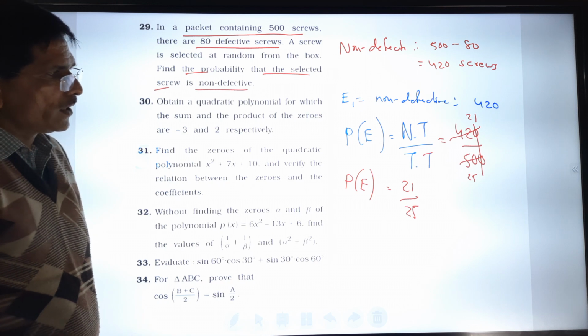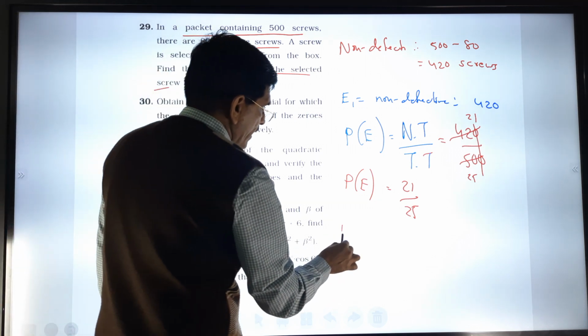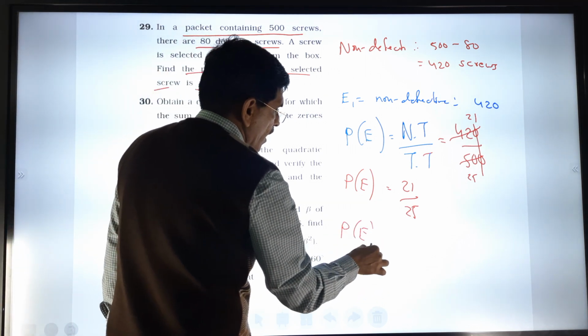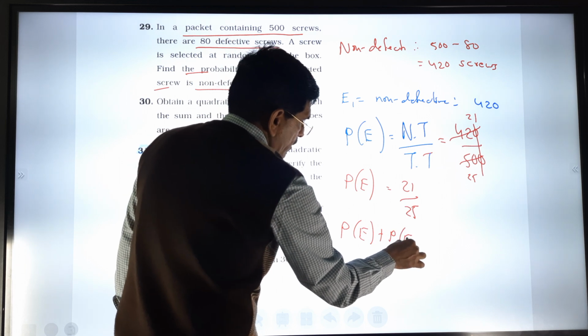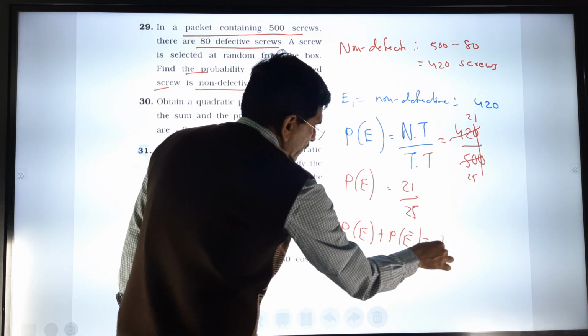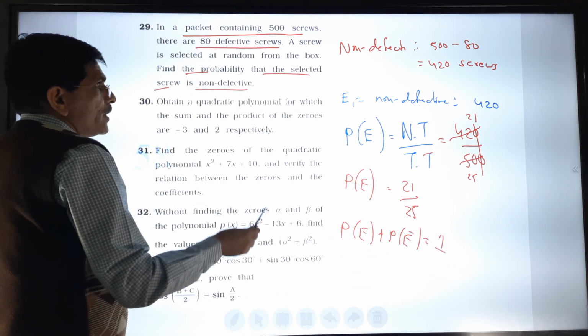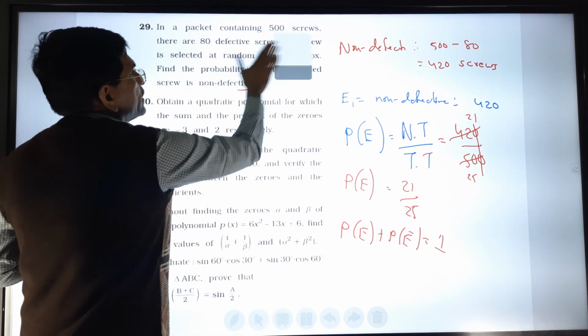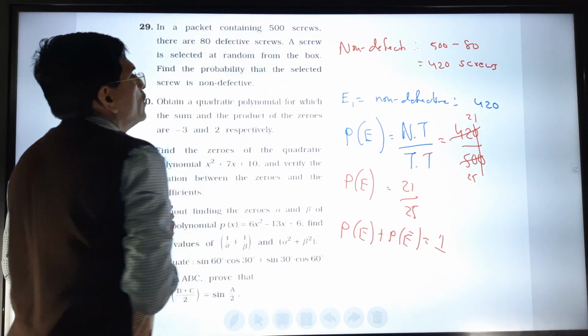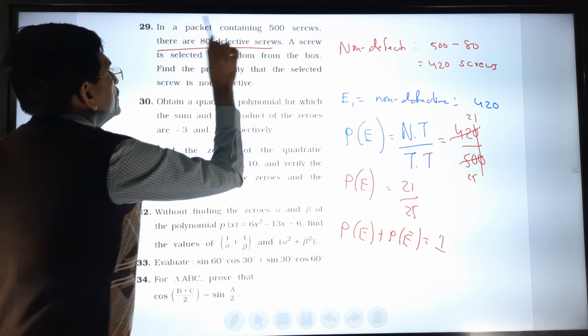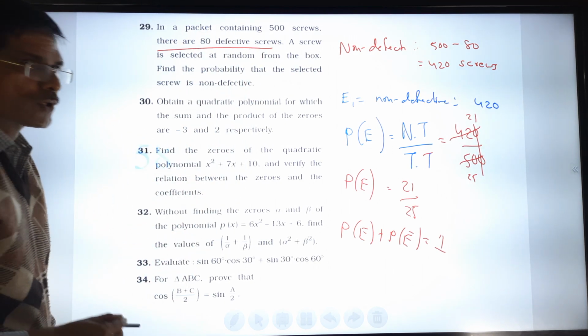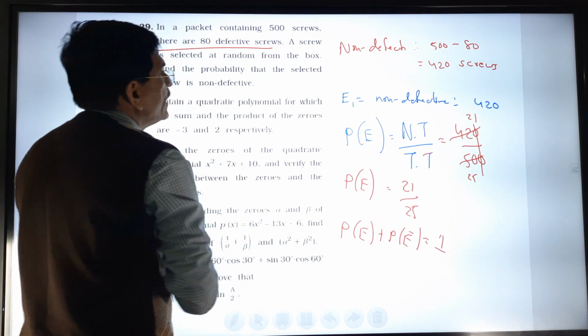Someone may do it a different way. We can say P(E) plus P(E bar) is equal to 1. That way we can also do it, because probability is related to it. So the 80 defective screws we can take as E, then the complementary event E bar is 420.